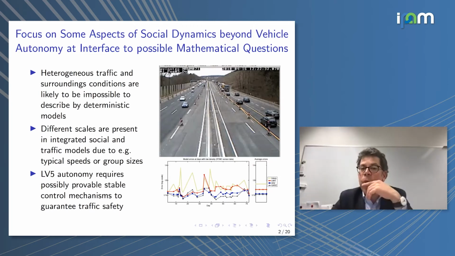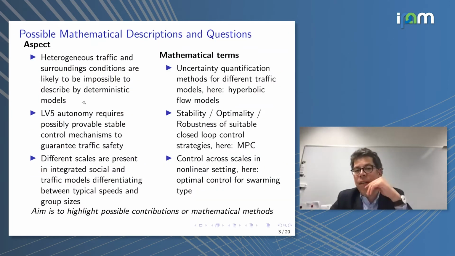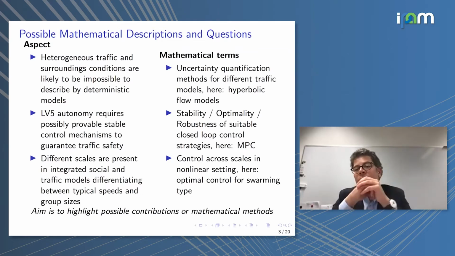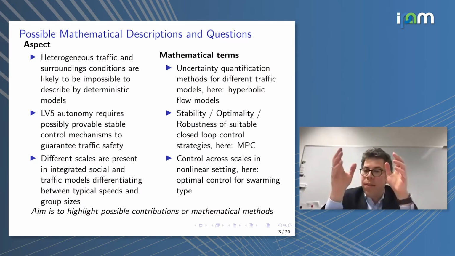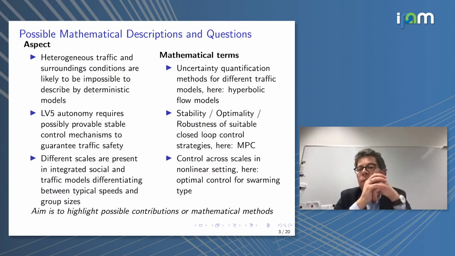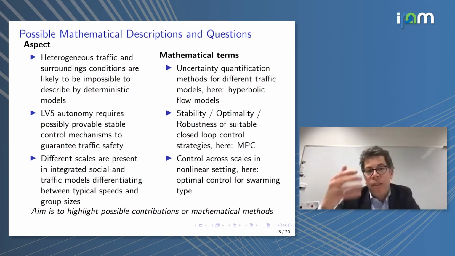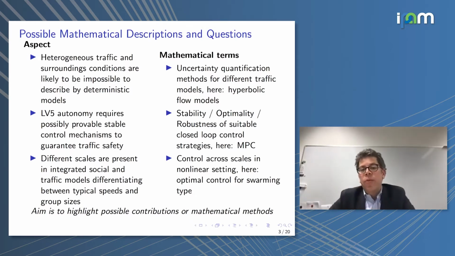More precisely, I have on the left again these three aspects I just mentioned, ordered in a different way. And on the right, I will tell you what I want to do in this talk. For the first aspect, this heterogeneous traffic, which will also be the first part of this talk, I would like to show you what we did with uncertainty quantification methods.